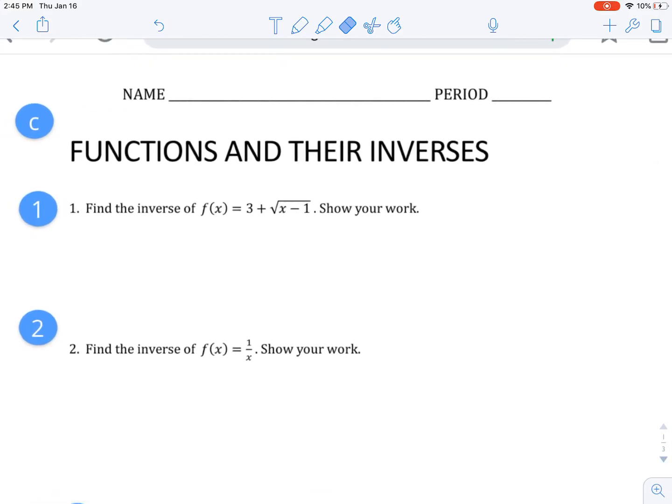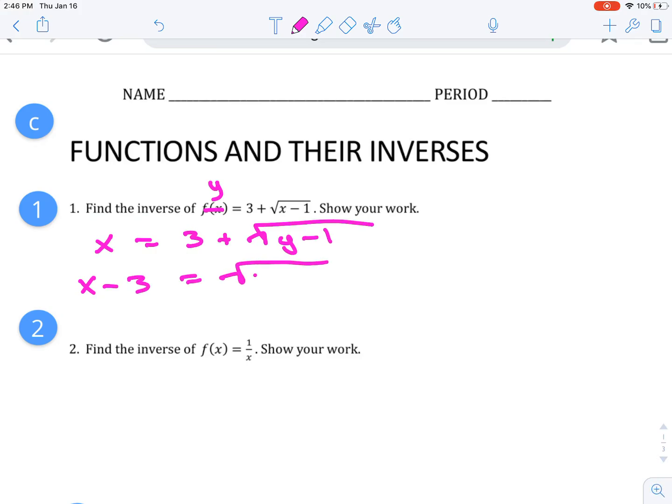It says find the inverse of f of x. Okay, so we're going to think of this as y, and then we're going to switch x and y. And then we are going to solve this for y. So we'll subtract 3. And then we're going to square both sides.